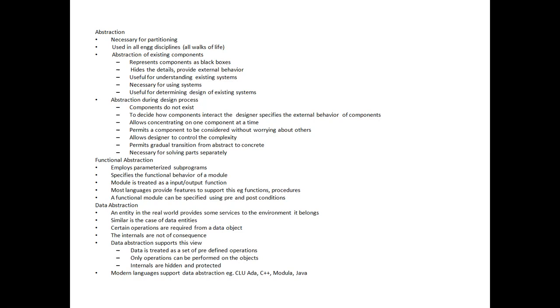Functional abstraction is the basis of partitioning in function-oriented approaches. That means when the problem is being partitioned, the overall transformation function for the system is partitioned into smaller functions that comprise the system function.